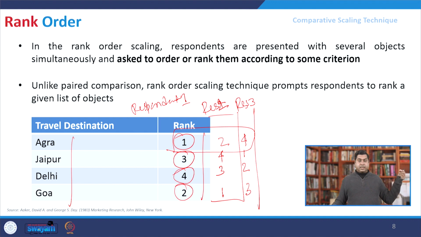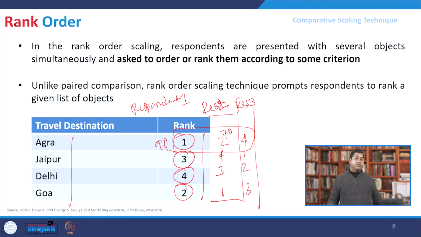For that we need a certain numerical value. So, we have to give certain values. Suppose instead of a rank I ask to give a value from 0 to 100. So this is 90, this is probably 70 and so on, and then you take the average value and then you rank.